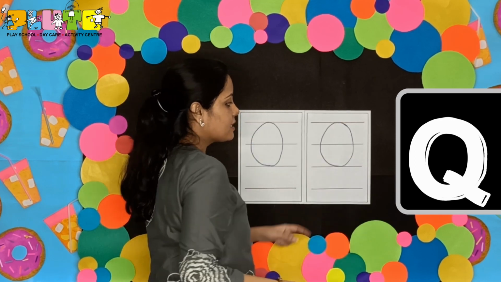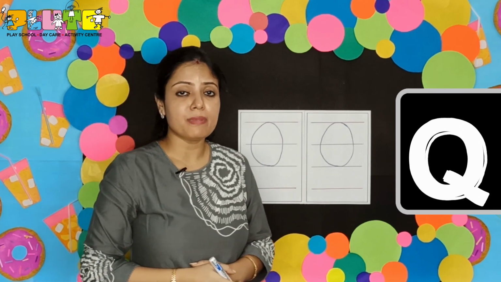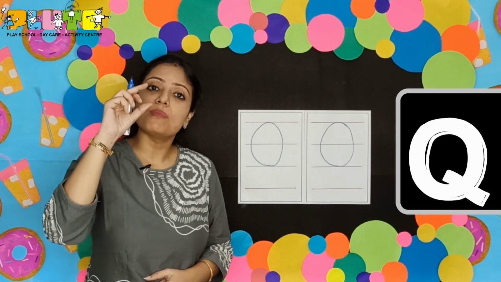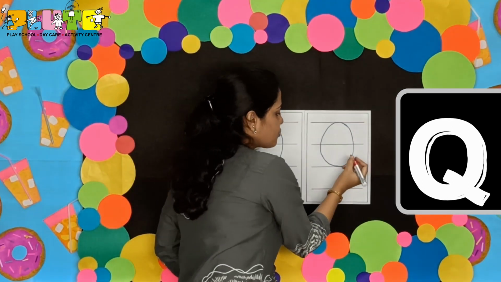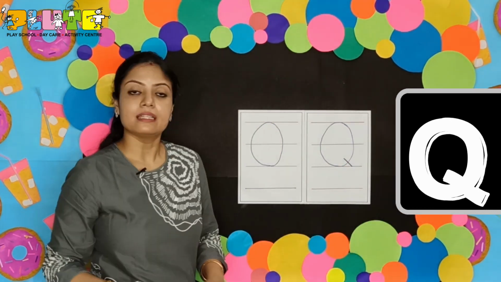Okay children, see, I have drawn O. But in order to make it Q, what do we need to add? We need to draw a small slanting line. So we will draw a small slanting line till the third line.